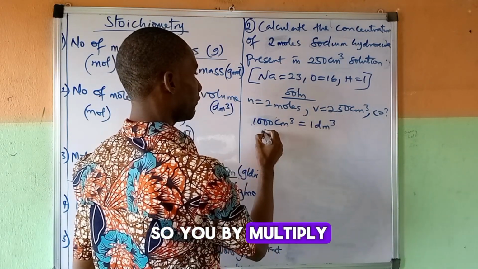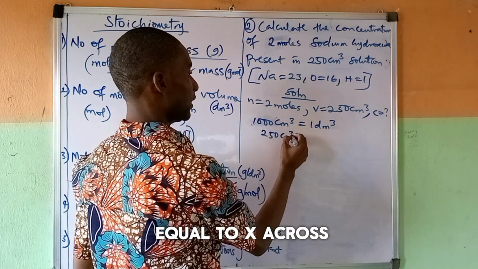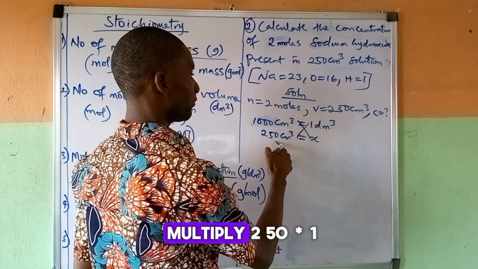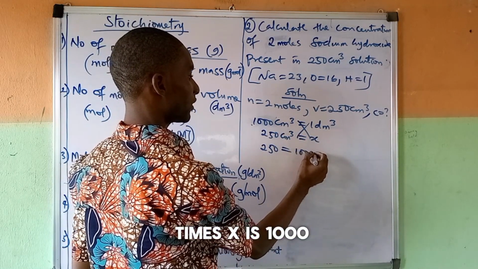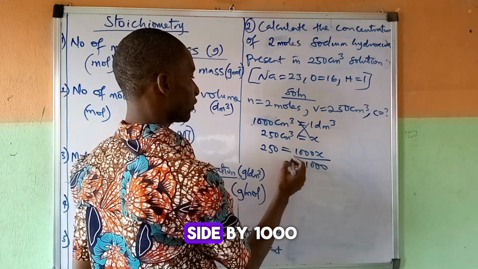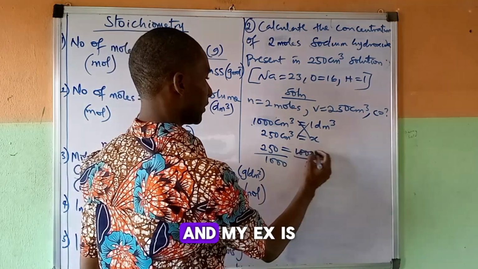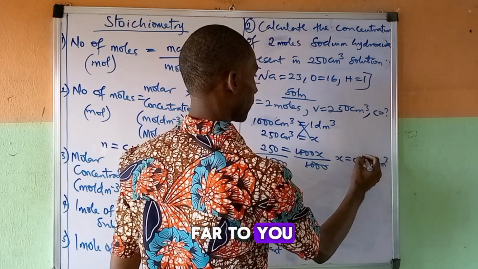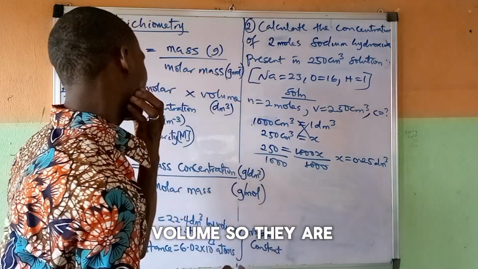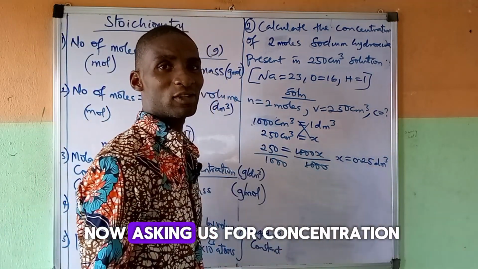So if I want to convert 250 cm cube to x, I cross multiply: 250 times 1, 250, equals 1000 times x, which is 1000x. So I'll divide both sides by 1000, and my x is going to be 0.25 dm cube. Alright, so that is the volume. So they are now asking us for concentration.